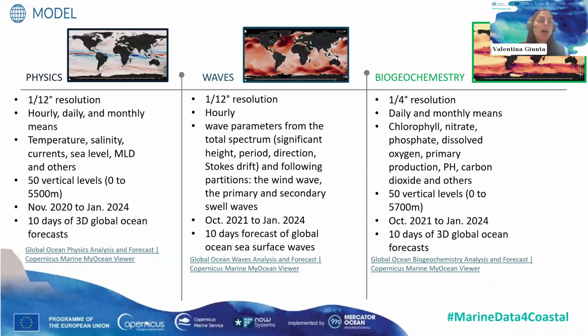It can be hourly, daily, and monthly means. The variables that you can find for these products are temperature, salinity, currents, sea level, mixed layer depth, and many others. It offers 50 vertical levels, so from the surface up to 5,500 meters. Data can be available from 2020 up to 2024. It also provides 10-day forecast.